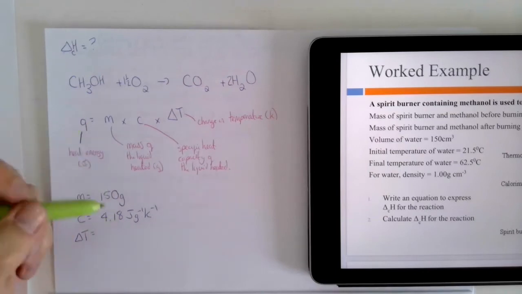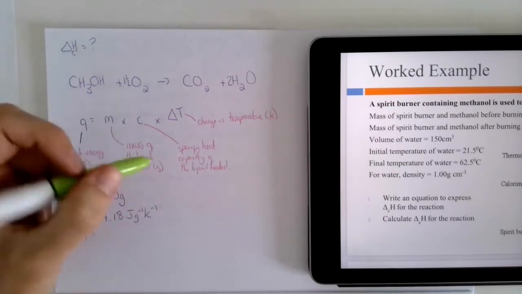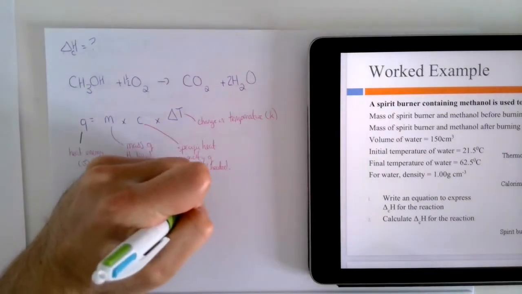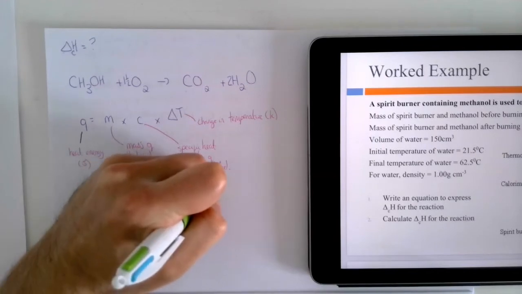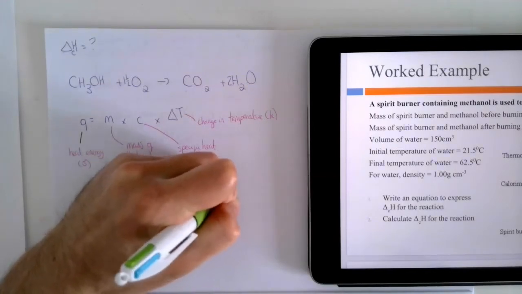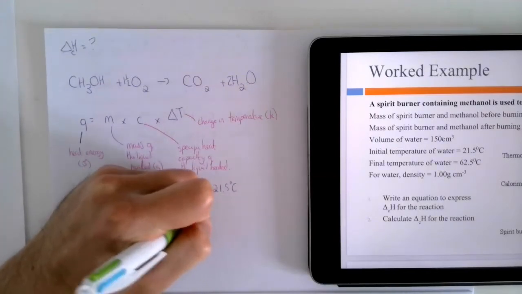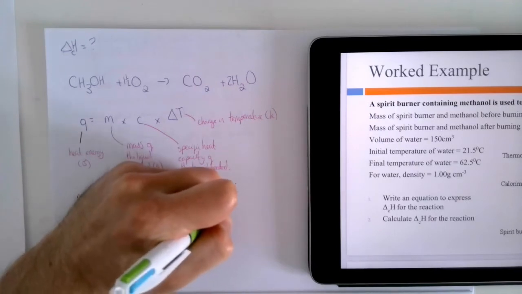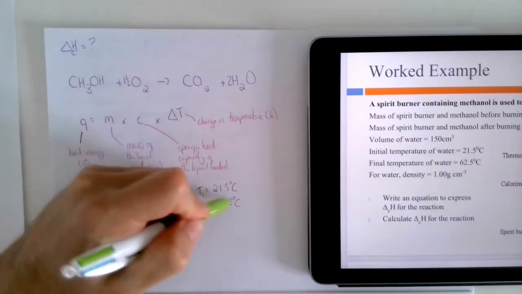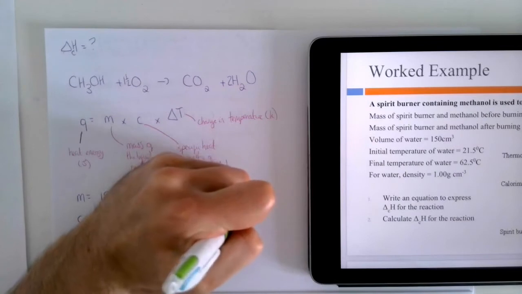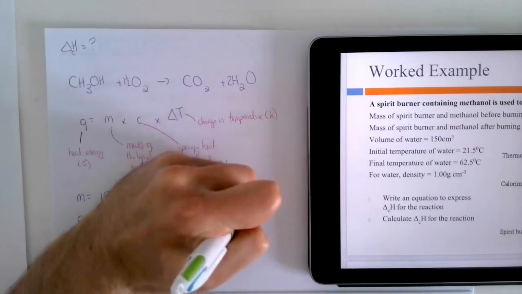So the temperature at the start is 21.5 degrees Celsius. The temperature at the end is 62.5 degrees Celsius. If we change those two to Kelvin, we add 273 to each of them.